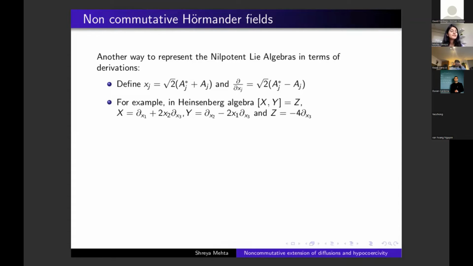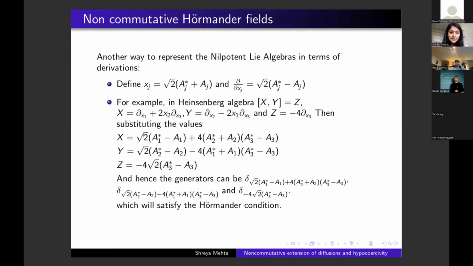So for example, if we take the case of the Heisenberg algebra, which satisfies this commutation relation, and we take some example of the classical fields, we can make these substitutions in these classical fields to get the fields in terms of CCRs. And hence we can take the generators to be the derivations in terms of these fields. So in this case, it will automatically satisfy the Hörmander condition.